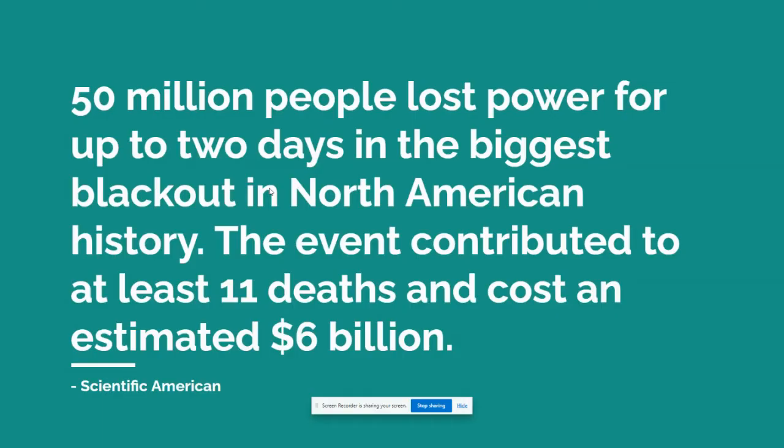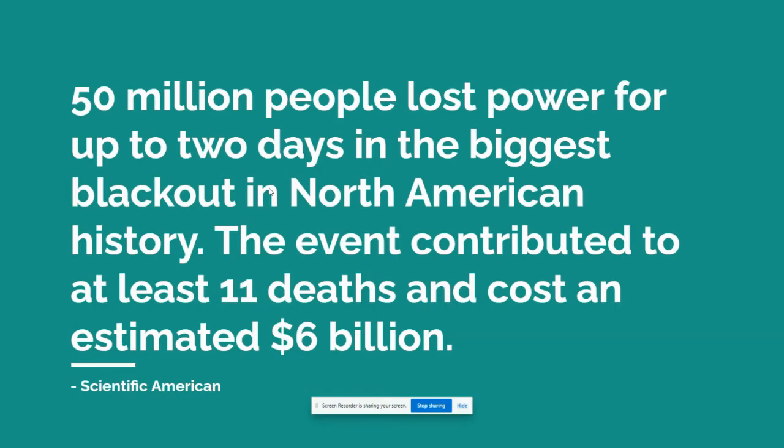So, what happened? What was the aftermath or the consequences of this issue? Around 50 million people lost power for up to 2 days in, as I mentioned, the biggest blackout in North American history.